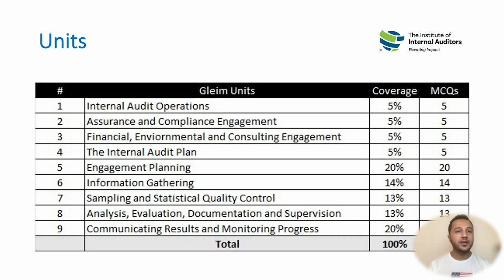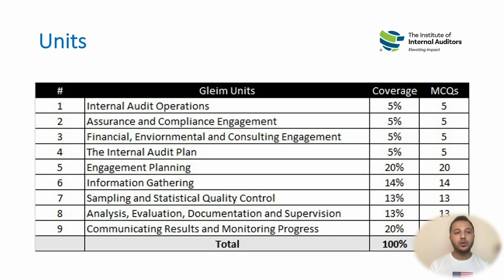The GLIM study text, which I generally follow because I personally like it because it's very to the point and concise, but you can follow any of the study text. It's not a big deal because they will all cover these key topics. So according to the GLIM, all the units which you can consider as the chapters in the CIA part 1, they have defined how much coverage each chapter has from the exam perspective, and these are just approximations.